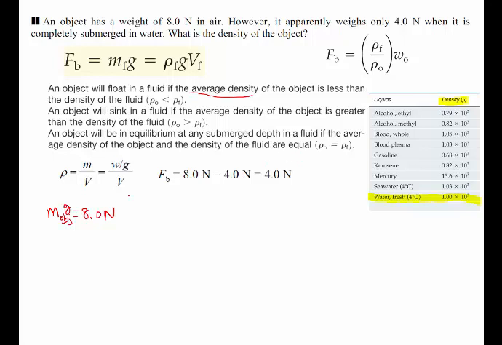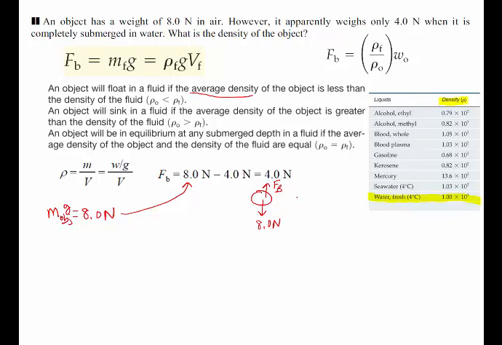So we have a different thing going on here. This is our actual weight. When we say that this is 4 newtons, we can think of our object as having a downward force of 8 newtons, which is its weight. But it feels like, when we add the buoyant force, we end up with 4 newtons.